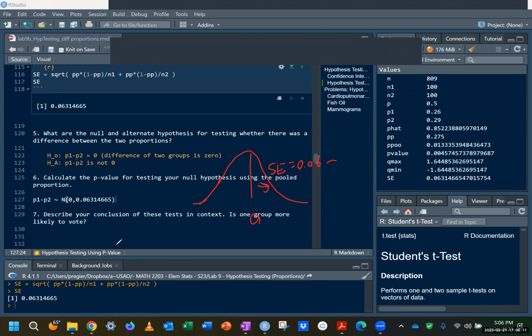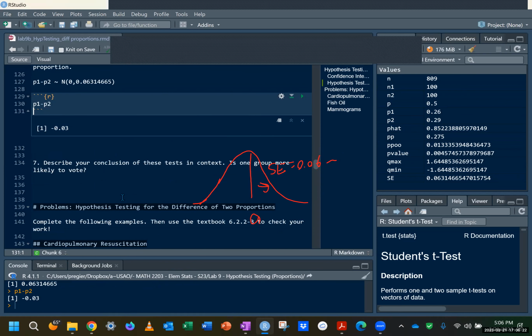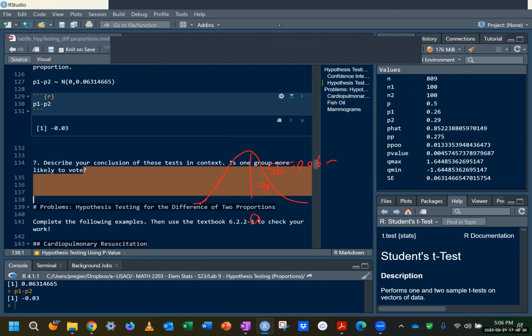And what do I observe? We've got to use this to say something about what we observed. We observed P1 minus P2 is a negative 3% difference. So we observe something that's over here. Negative 0.03. Okay. Now we've got to find out what's the probability of getting something more extreme than that.